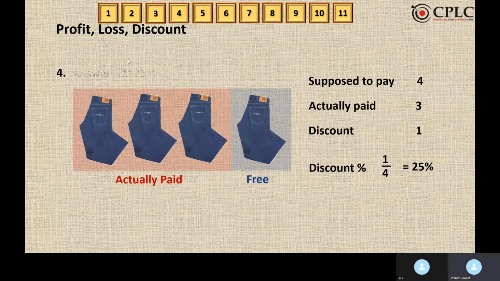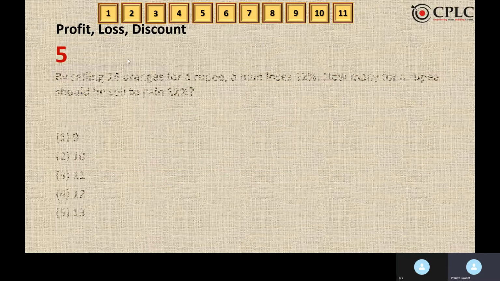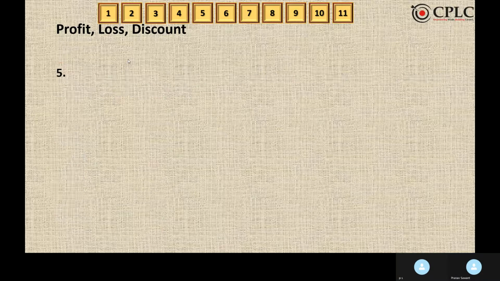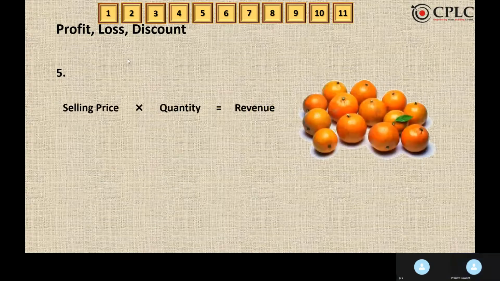Moving to the next question. By selling 14 oranges for a rupee, a man loses 12%. How many for a rupee should he sell to gain 12%? Selling price into quantity is equal to revenue. This is a formula that we'll make use of. Quantity is 14. Selling price is 88% of cost price.